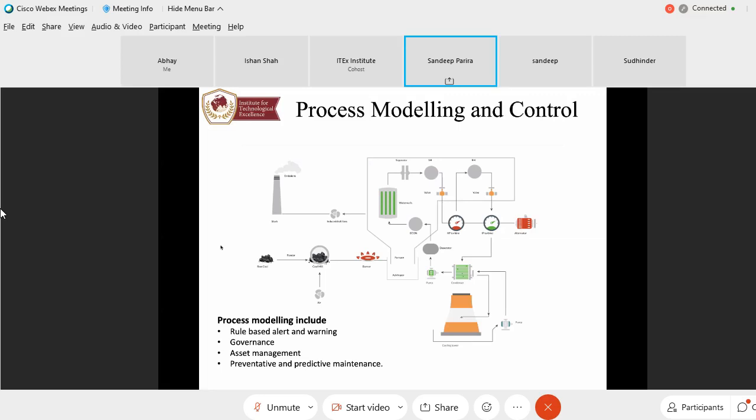Generally, if the level of confidence in the model is low, then we also have a human in the loop, where the results are first given to the human being to look into those parameters and then take corrective actions. So as the confidence level increases, then it can be automated.